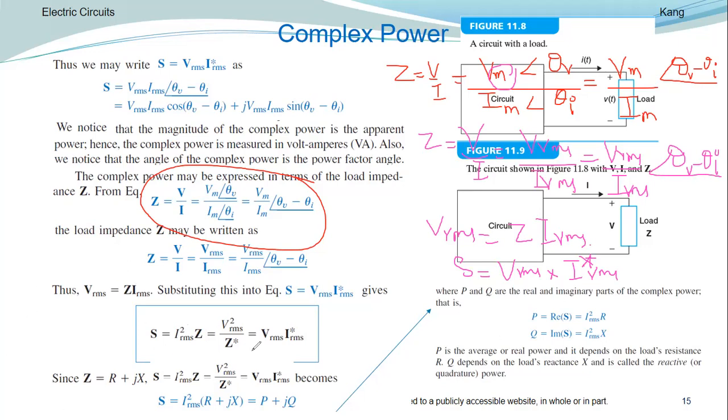So S equals I square RMS into the value of Z, which equals V square RMS divided by Z star, which equals V RMS into I star RMS.